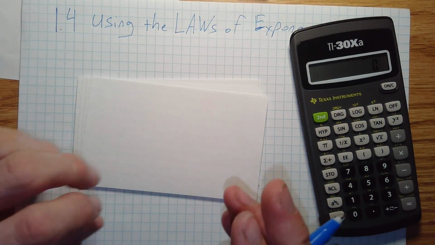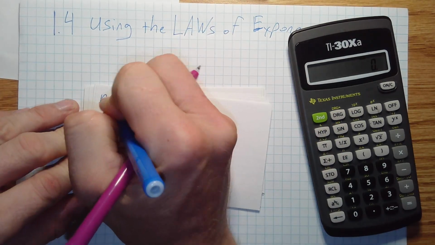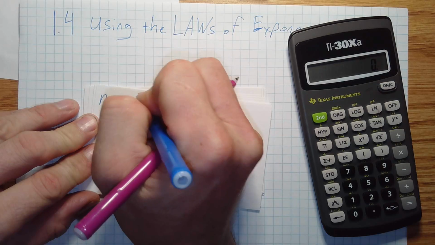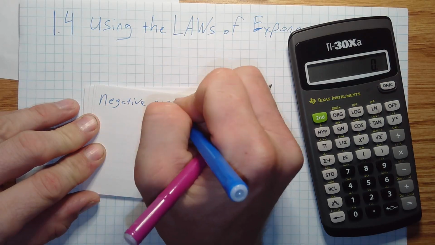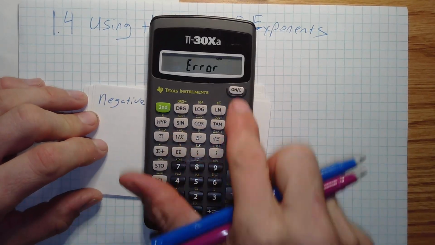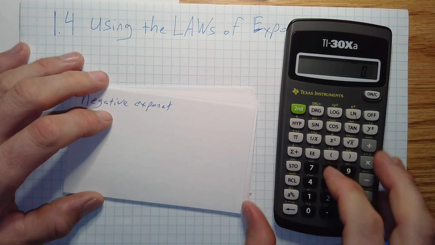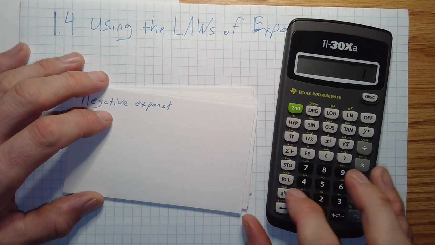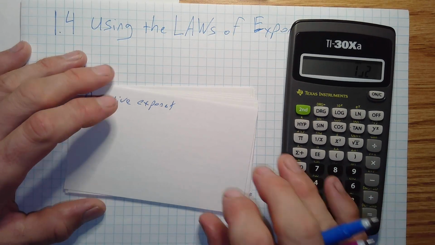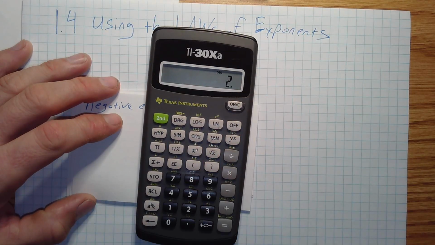All right, so now let's go over the negative exponent. There's a button for this one on your calculator. Instead of A, they use X. Everyone knows 1/2, and if I push that button there, I get a 2.